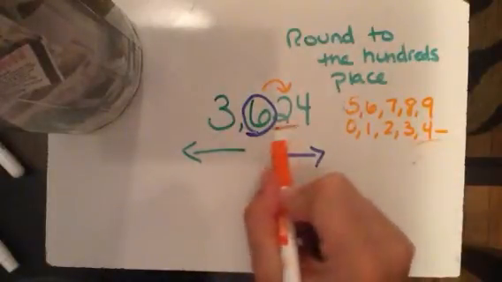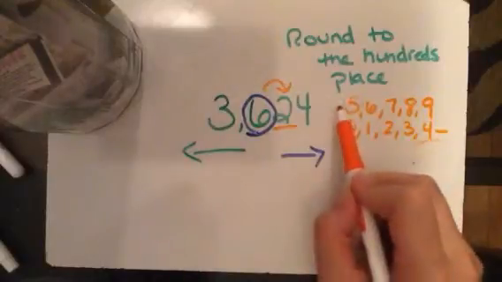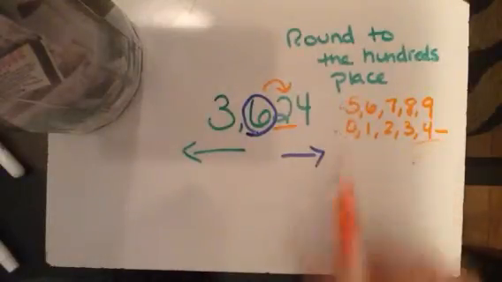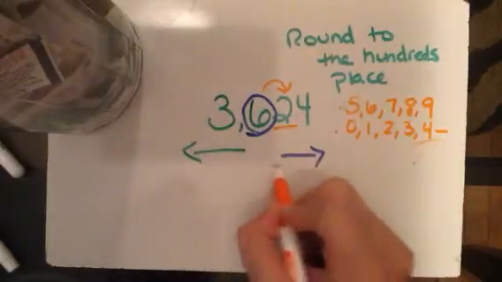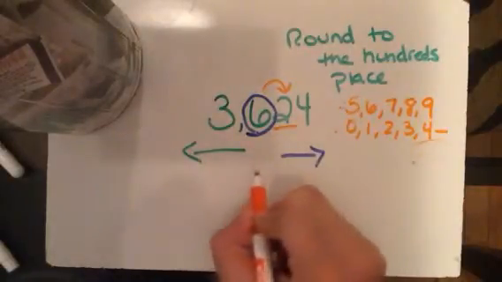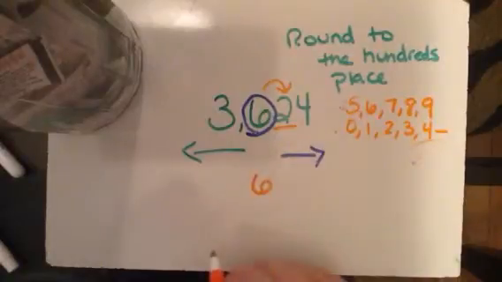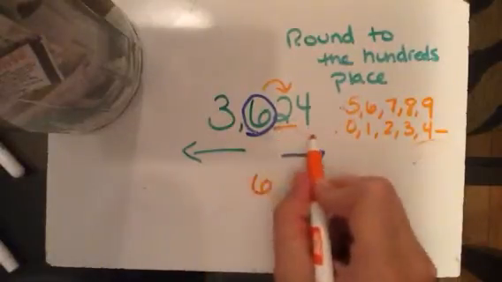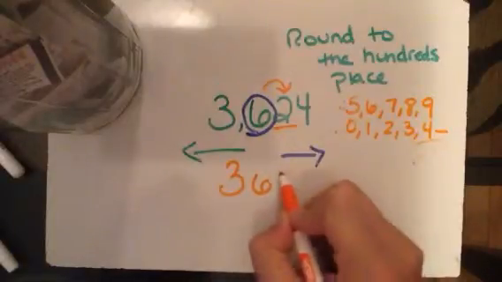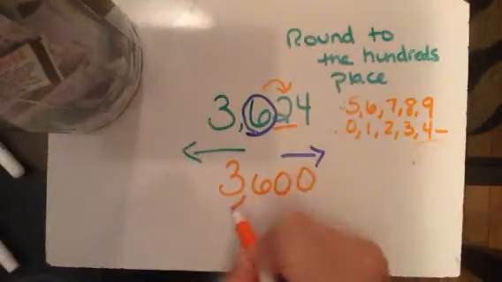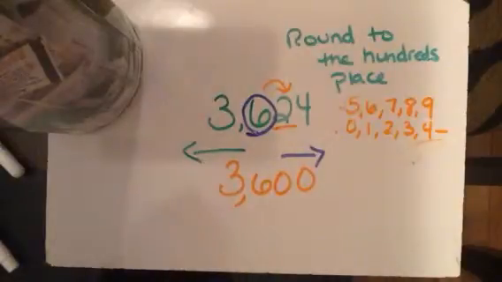So if we look at this 2, does it fall in the add one more or the stays the same? You're right, it stays the same. So we're going to keep the 6 the same. Numbers to the left stay the same. Numbers to the right, zero's your name. So we've rounded 3,624 to the nearest 100, and we get 3,600.